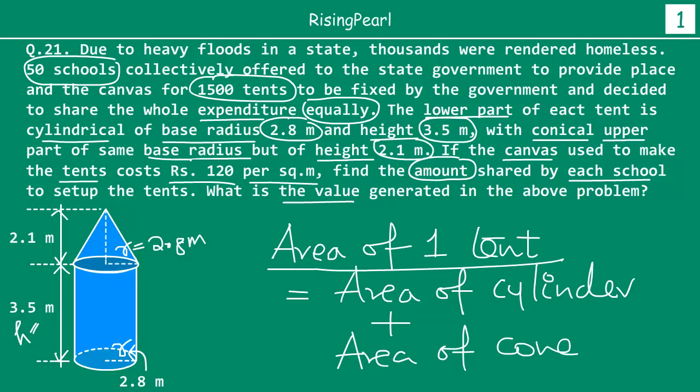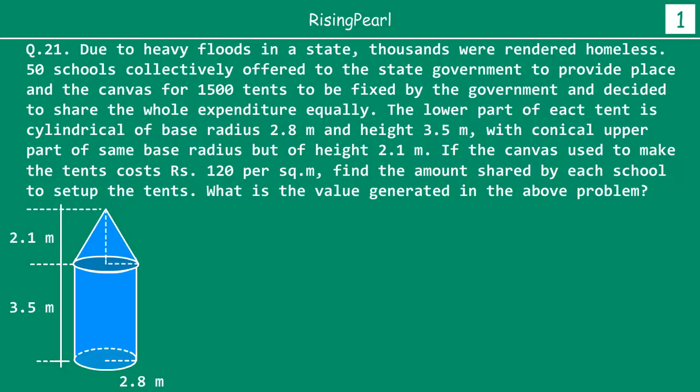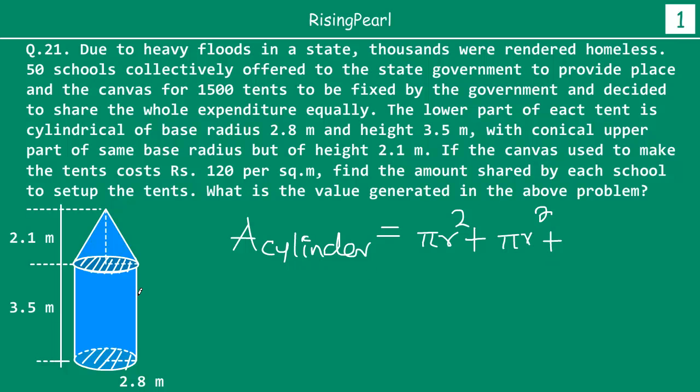So this will be the area of one tent, right? Now let's give ourselves a little bit more space here. Let's look at the area of the cylinder. What is the formula? The top part of a cylinder is a circle, so it is pi r square, plus the bottom part, which is also a circle, pi r square, plus the lateral surface area, the curved surface, which is 2 pi r h.